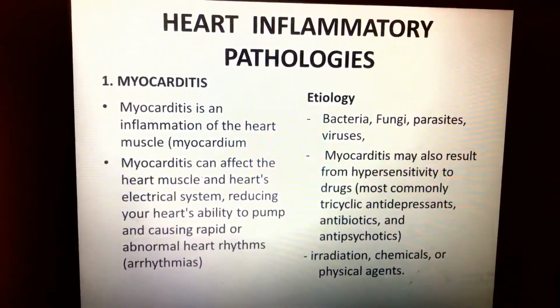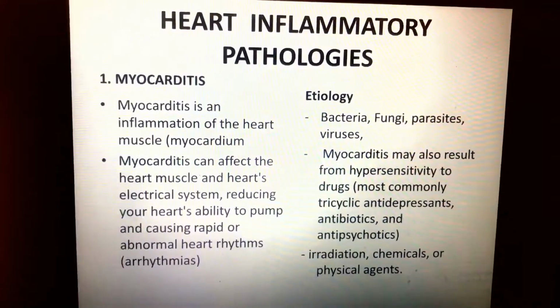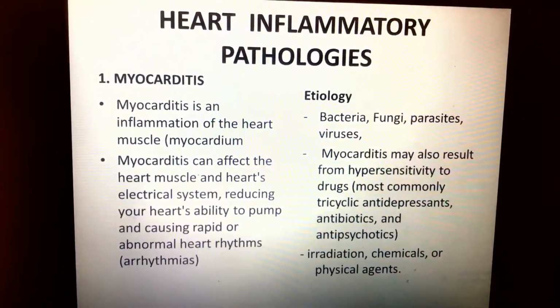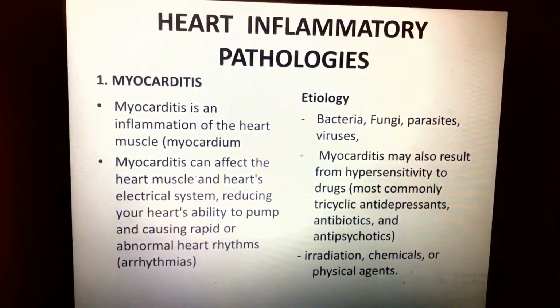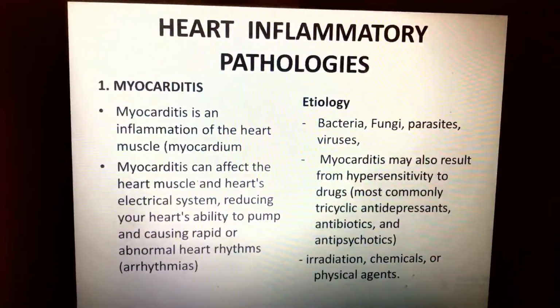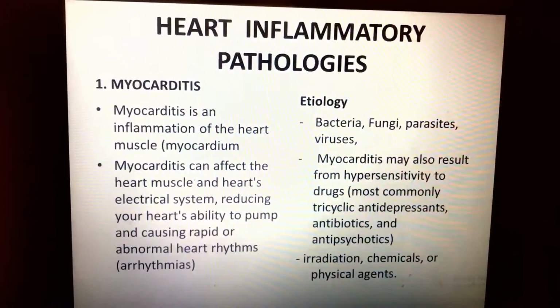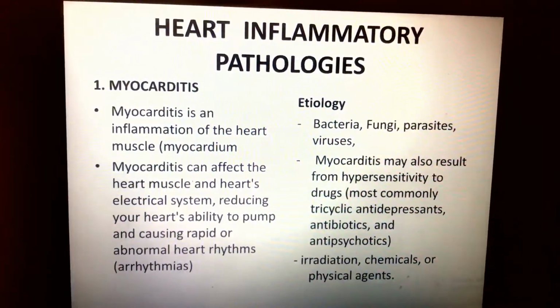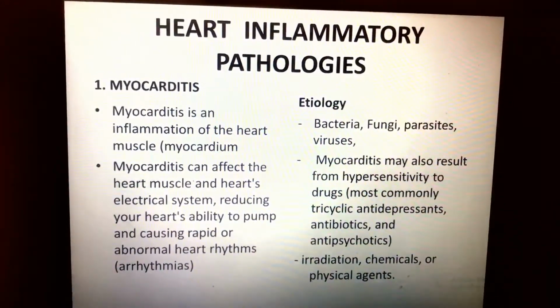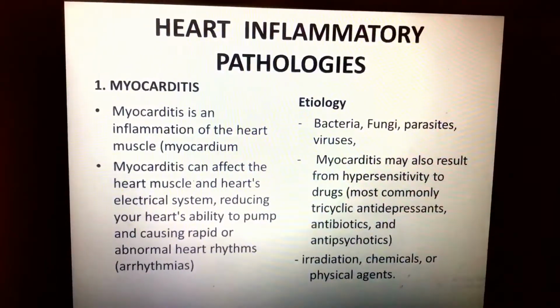We will have myocarditis. Myocarditis is an inflammation of the heart muscle, the myocardium. Myocarditis can affect the heart muscle and the heart electrical system, reducing your heart's ability to pump and causing rapid or abnormal heart rhythm.